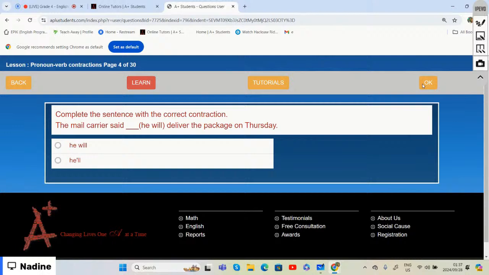If we shorten that word, is it going to be option one, he will, or option two, he'll?